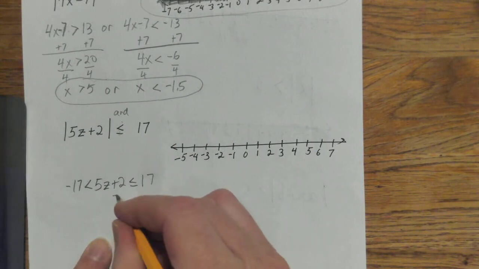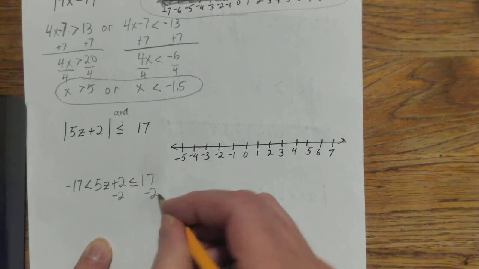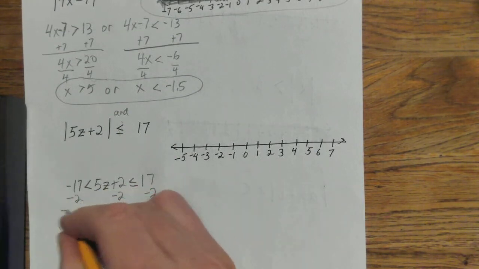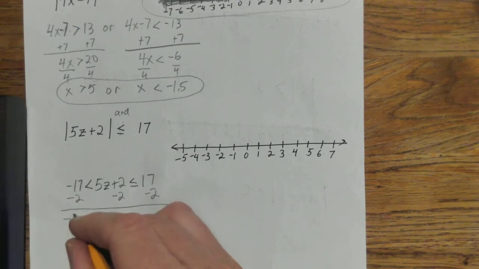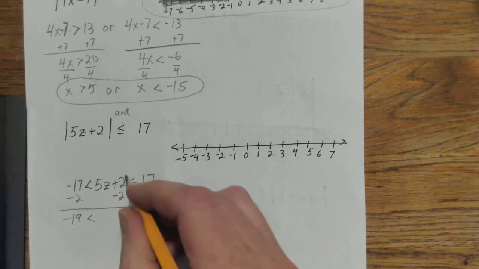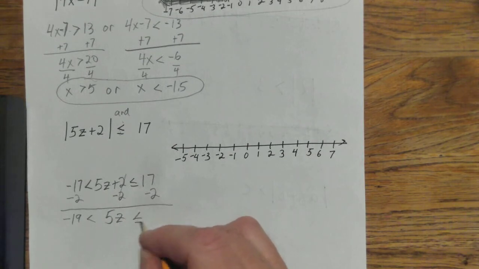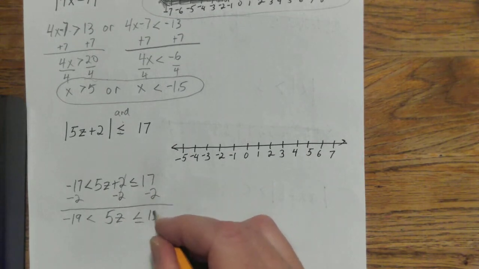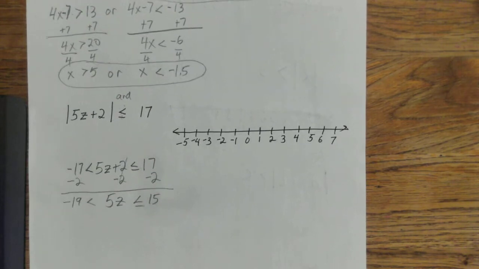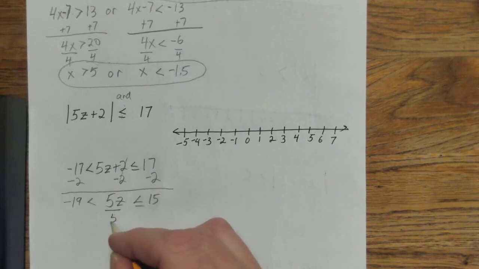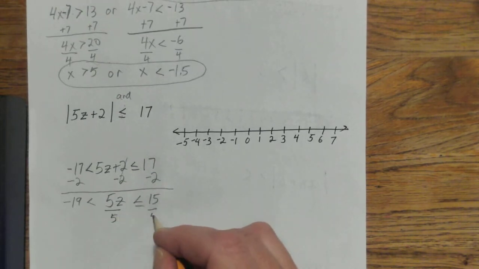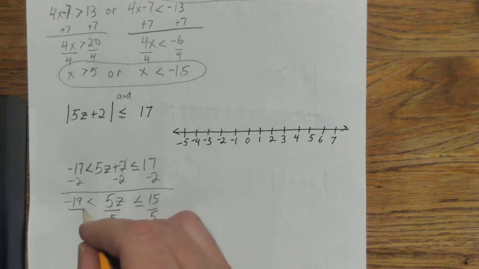And let's subtract 2 from the middle, subtract 2 from the right, and subtract 2 from the left. That's negative 19 here. That cancels, so that is 5z here. And 17 minus 2 is 15 here.